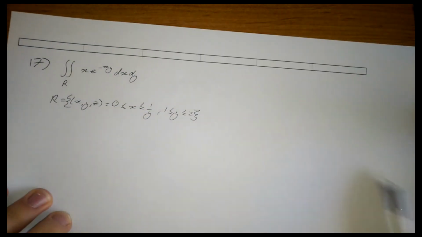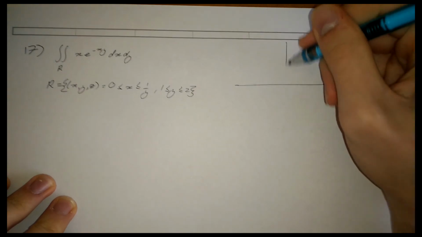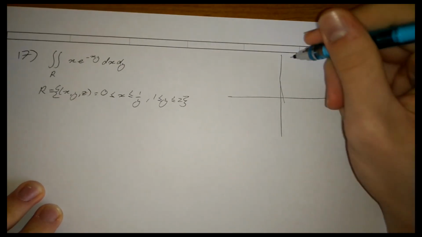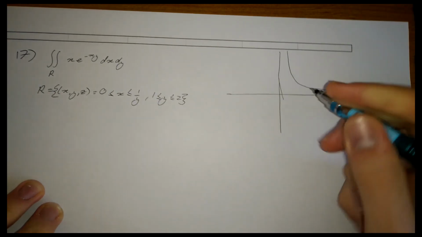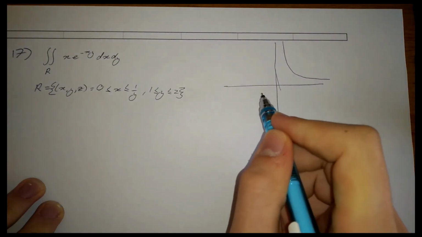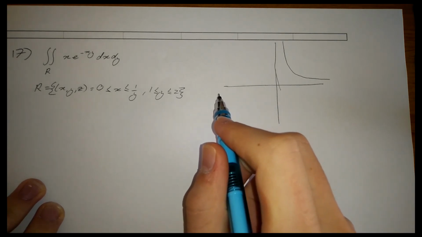So that's our region. Well, let's draw this region actually. So this goes from, so it's like so, from 0 to 1 on y. Is that from 0 to 1 on y? Wait, one sec.